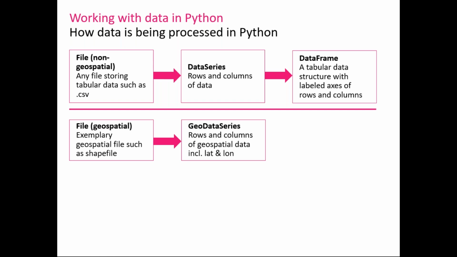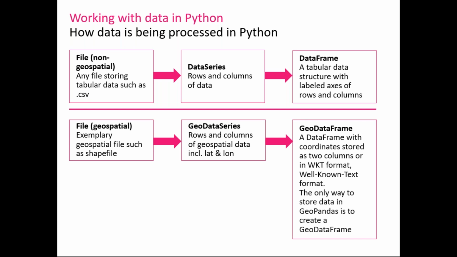And a GeoData series is rows and columns of geospatial data, including latitude and longitude. And this data is being represented in a GeoDataFrame. A GeoDataFrame is essentially a data frame with coordinates stored as two columns or in a WKT format. That's a well-known text format. And the only way to store data in GeoPandas is to create a GeoDataFrame.